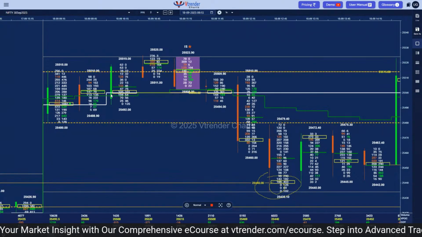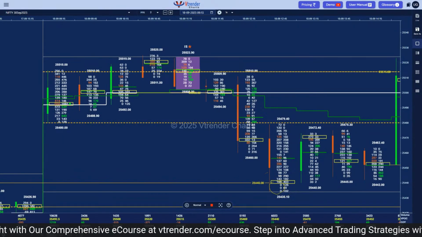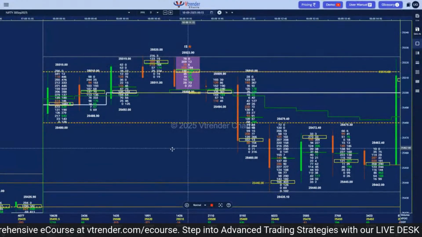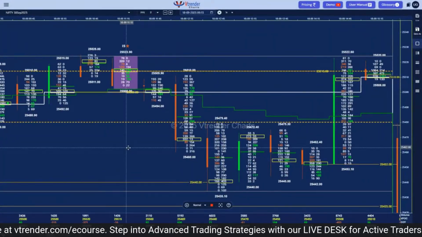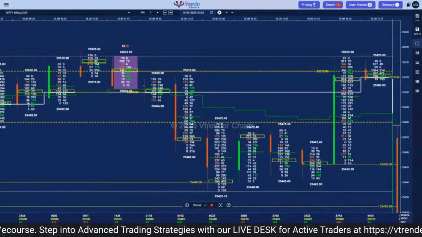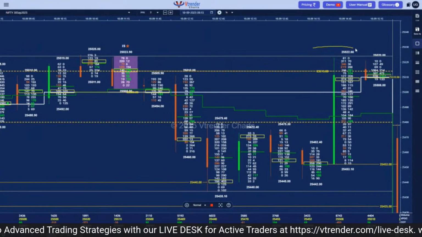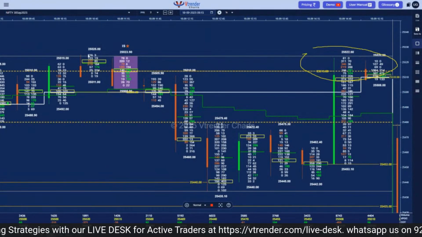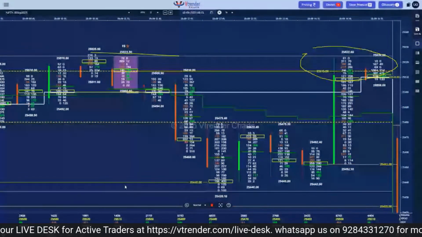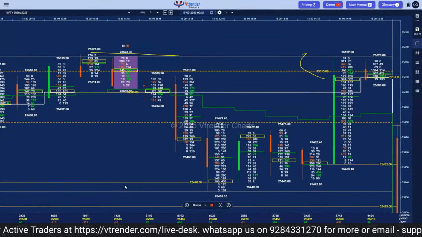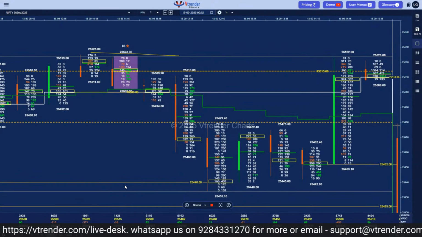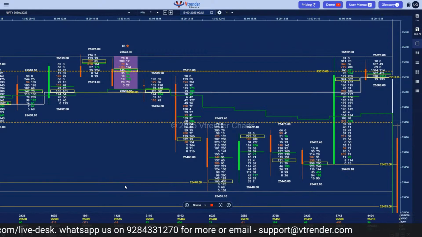So what did this do? The supply getting exhausted, or the sellers booking, gave this rise. But what did the rise do? The rise stalled right at that IS 30 high. So the same thing we saw on 4th of September, where the IS 30 high held at the open the next day morning.